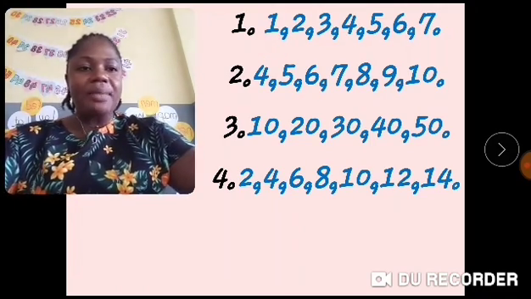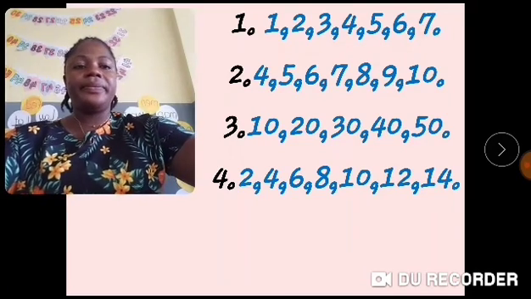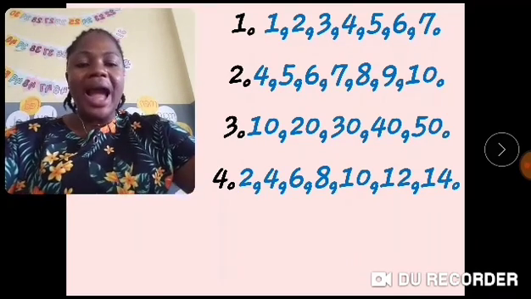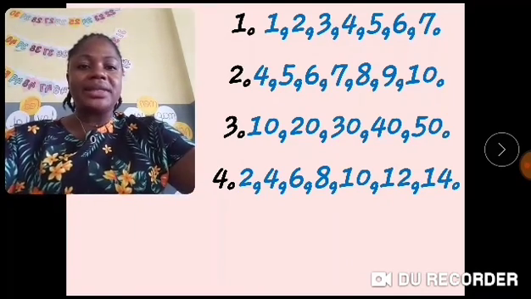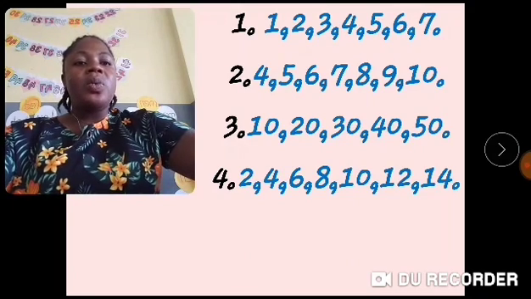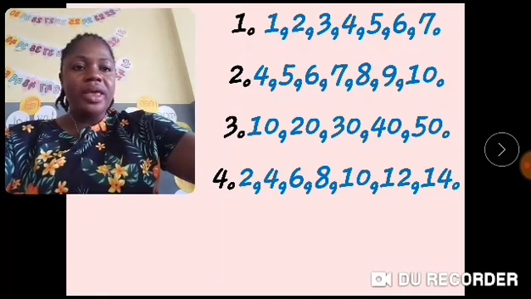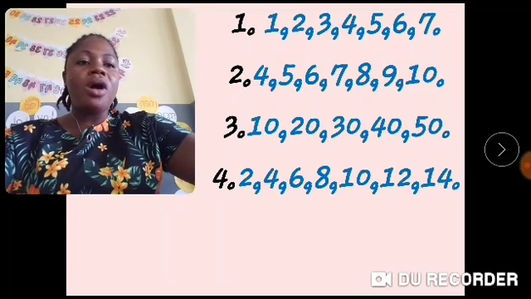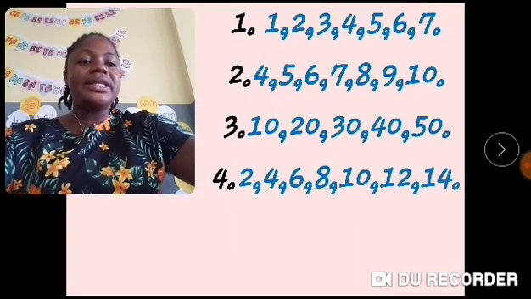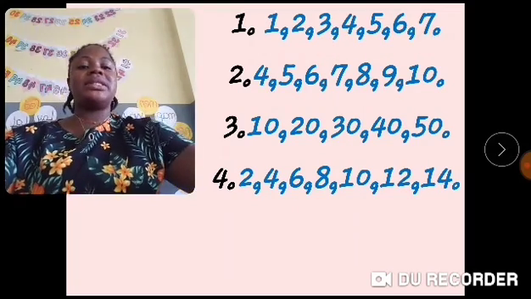And the highest number here is 7. Okay? So when we arrange them in that order, we begin with what? 1. We move to 2, 3, 4, 5, 6, and then we end with 7.